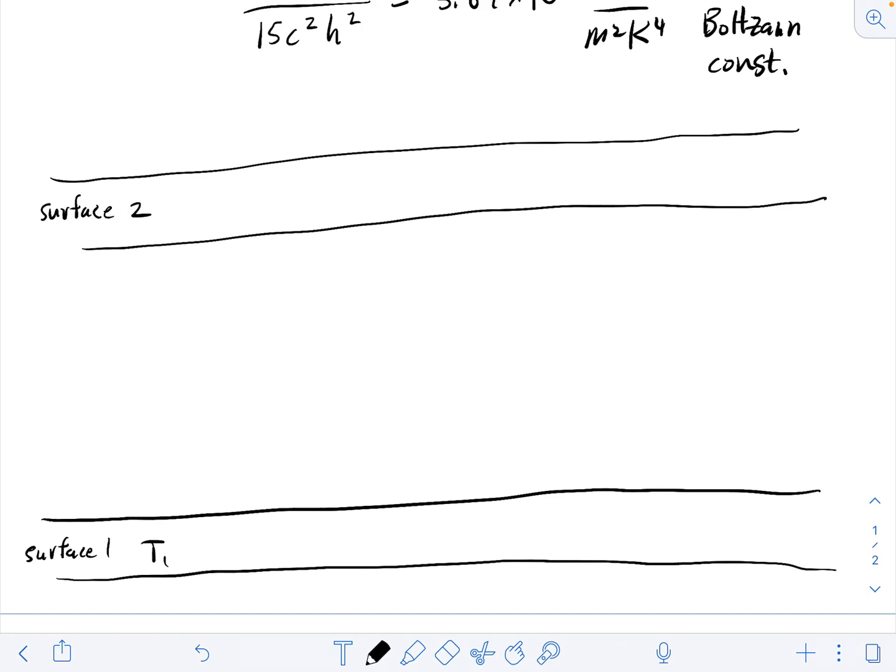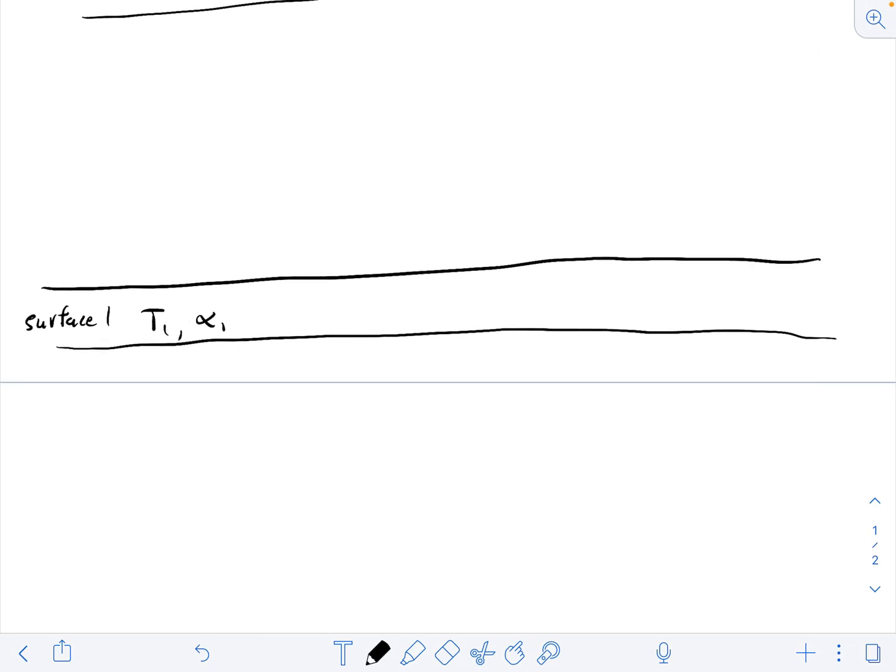We'll imagine that this first surface has a temperature T1. It has something we're going to call the absorbance, alpha 1. And then over here we have surface 2 at temperature T2, and it has its own absorbance, alpha 2.